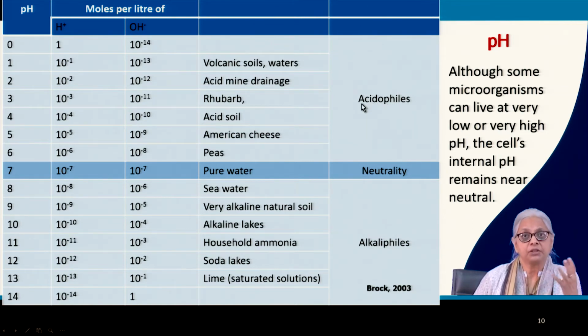Also keep in mind that generally we pickle food, and the reason for pickling food is that the normal species that we see around us cannot withstand the low pH, the acidic pH of pickles, and that's why pickling food helps to preserve the food for a long period of time.